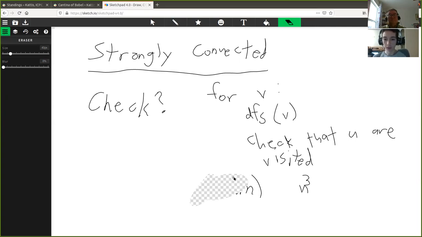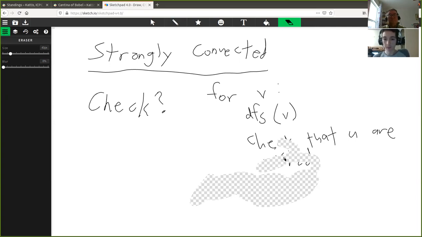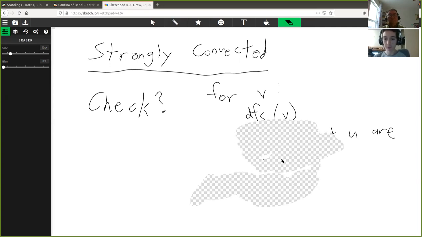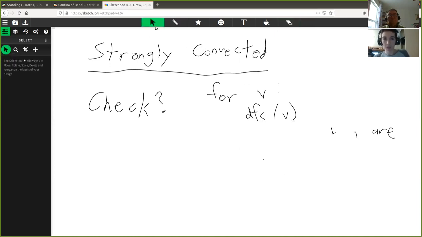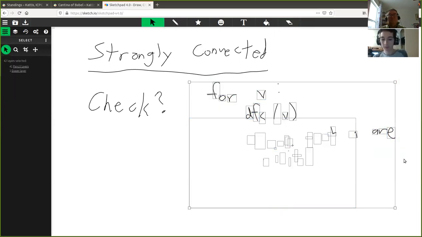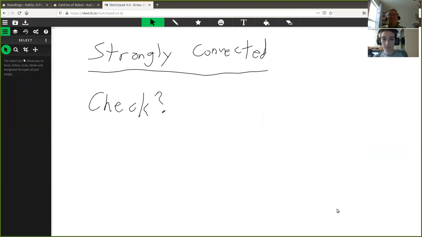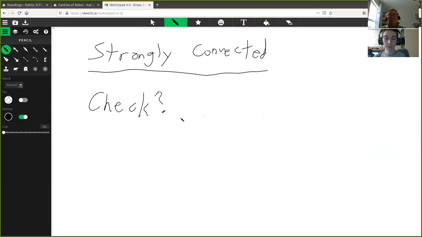So the thing to realize is, let's pick one vertex V. Suppose it can reach everything. We can check that in linear time, in the number of edges.